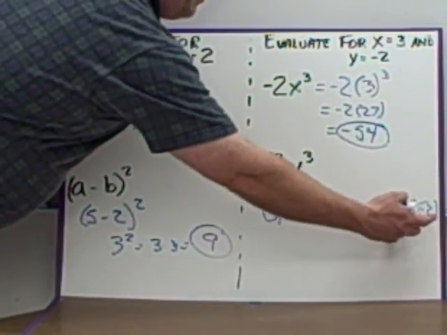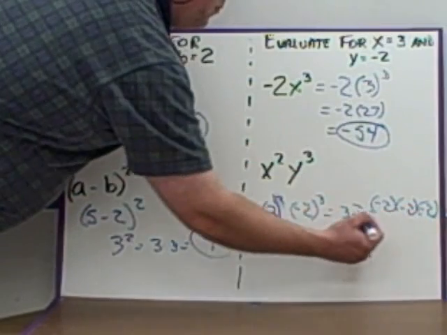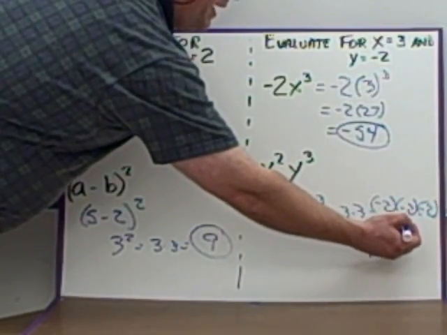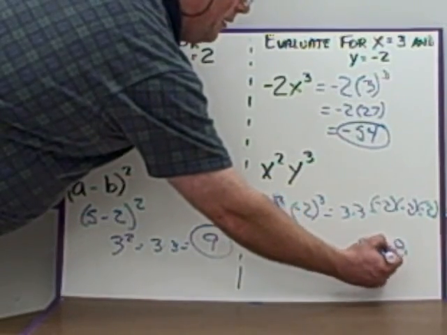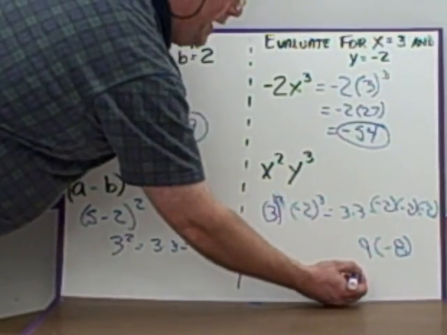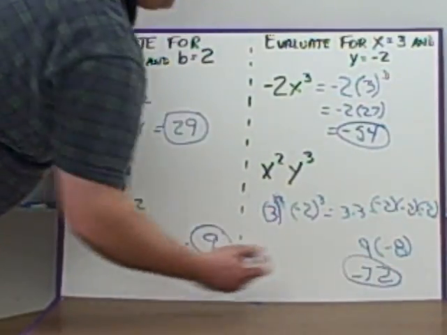Remember, we've got to do the exponent parts first, so you do this 3 times 3 first to get the 9. Negative 2 times negative 2 is positive 4, times negative 2 is negative 8. 9 times negative 8 gives me negative 72 for my final answer there.